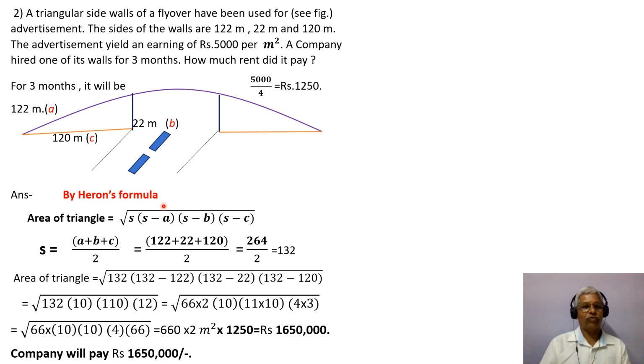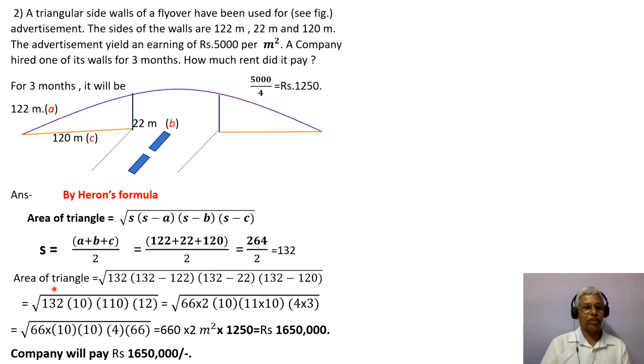So by Heron's formula, we get area of triangle equals root of S into (S minus A) into (S minus B) into (S minus C). Calculate S first, which equals (A plus B plus C) upon 2, which equals (122 plus 22 plus 120) upon 2, that is 264 upon 2 or 132.